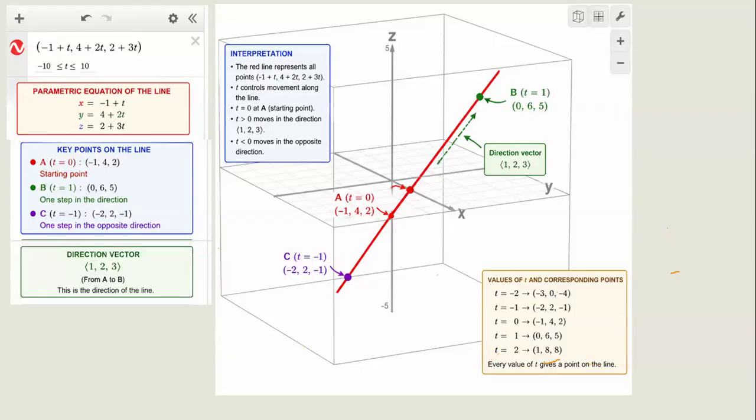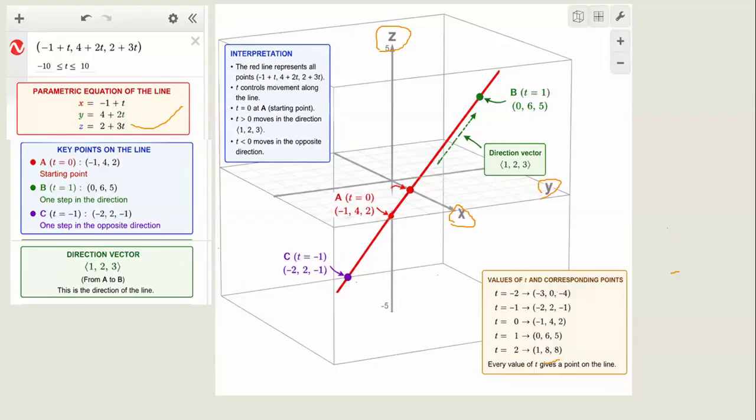The first thing we have to do is identify our axes, x, y, and z. Based on the equations we came up with, x = -1 + t, y = 4 + 2t, z = 2 + 3t, these are the different points we can have on the line.